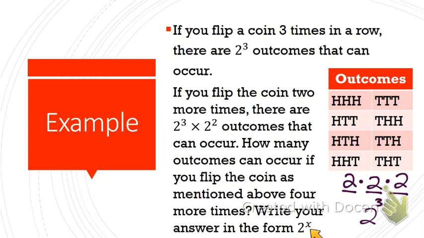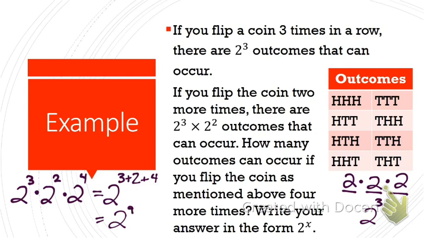And we're going to write our answer in the form of 2 to a power. You flip it 3 times, you flip it 2 times, and then you flip it 4 more times. So how many possible outcomes could we have? We have a possibility of 2 to the 9th outcomes.